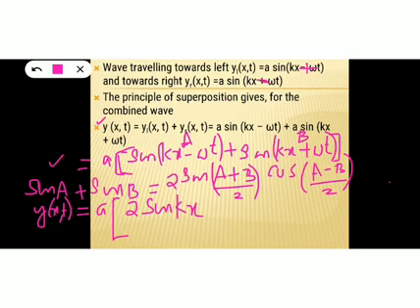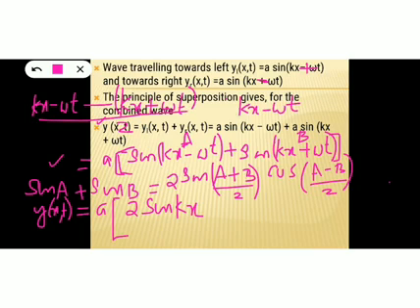Now cos((A minus B) by 2). Here A is kx minus omega t and B is kx plus omega t. So A minus B is kx minus omega t minus kx minus omega t, by 2.